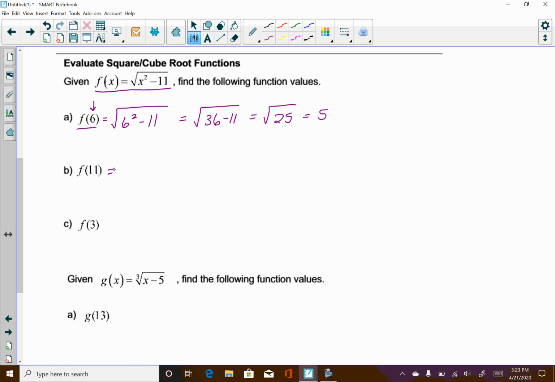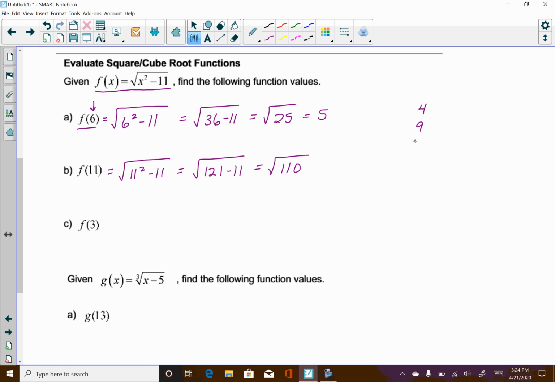The next one, f of 11, so that would be the same as the square root of 11 squared minus 11. So the square root of 121 minus 11, or the square root of 110. Now you would think about your list. Remember that list that I had from before on the previous page or front page?